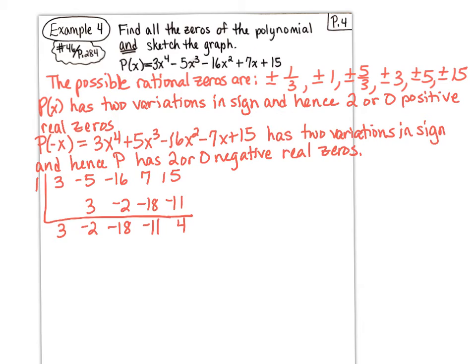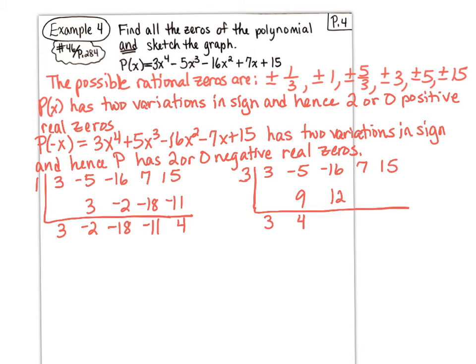What about 3? Same coefficients. Multiply, you get 9. Continue. Add, 4. Positive 4. Multiply, you get 12.